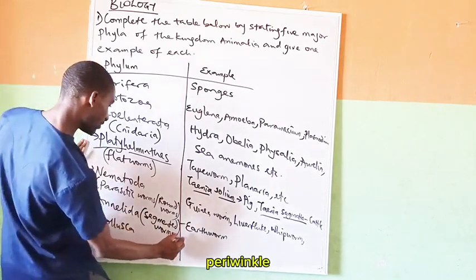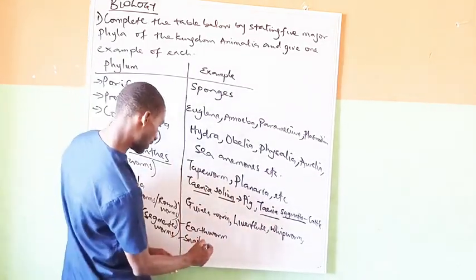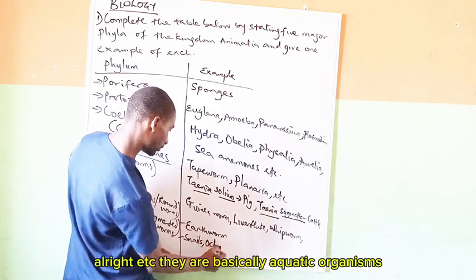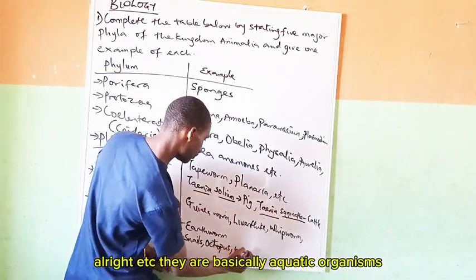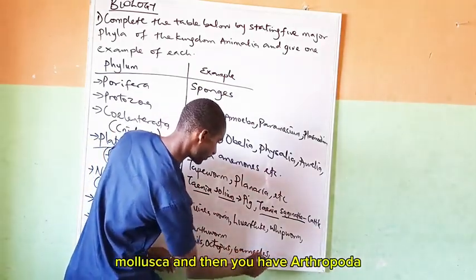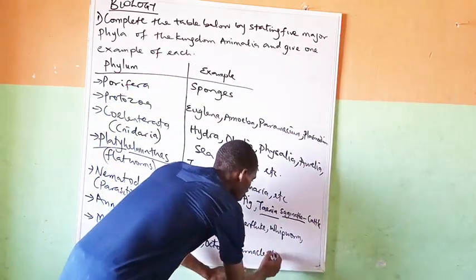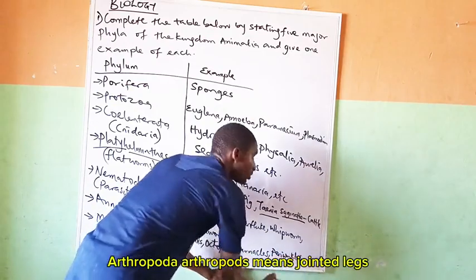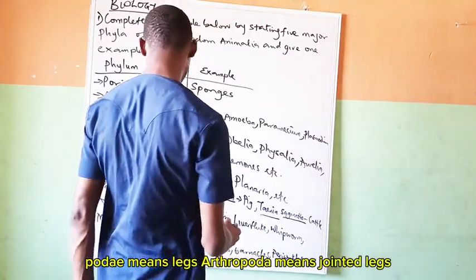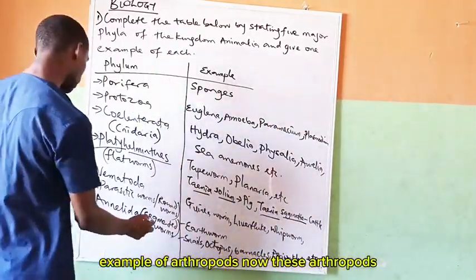Examples of Mollusca are snails, octopus, barnacles, periwinkles, squids, etc. They are basically aquatic organisms.